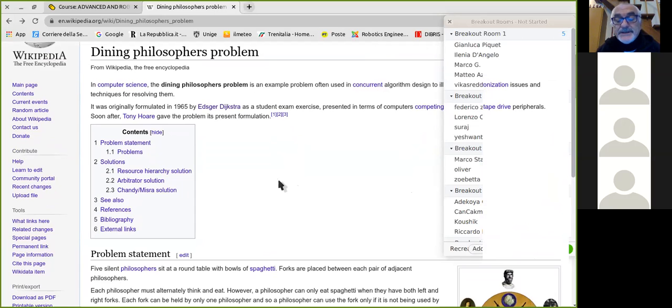And also another concept that is called starvation or a livelock. So not a deadlock, but a situation in which, in any case, the computation cannot proceed.